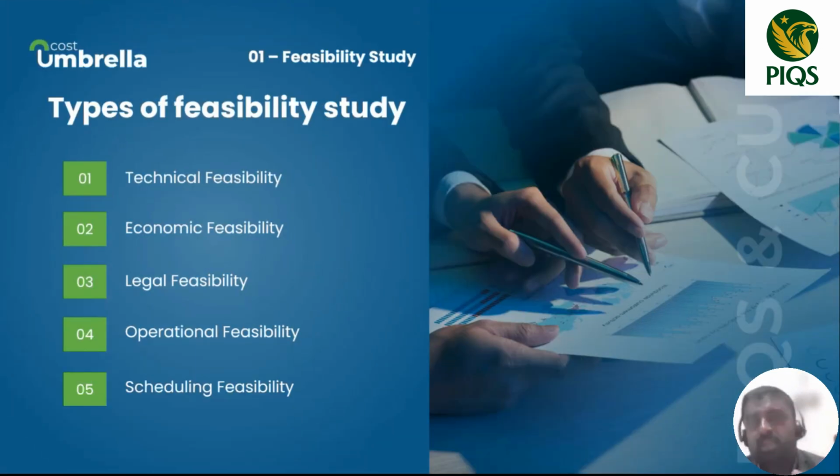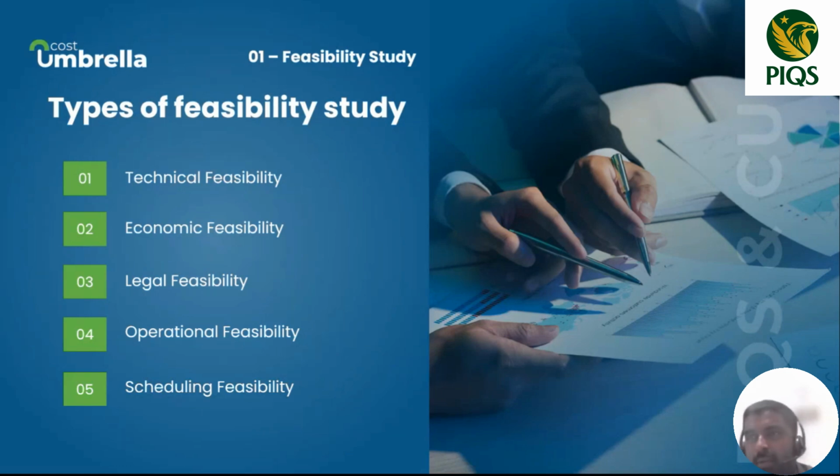So what is a feasibility study? What is the purpose of a feasibility study? To identify whether we can implement a project successfully, whether we can implement a business successfully. It's not one way, we have to check 360 degrees. So what are the challenges you will expect in a project?